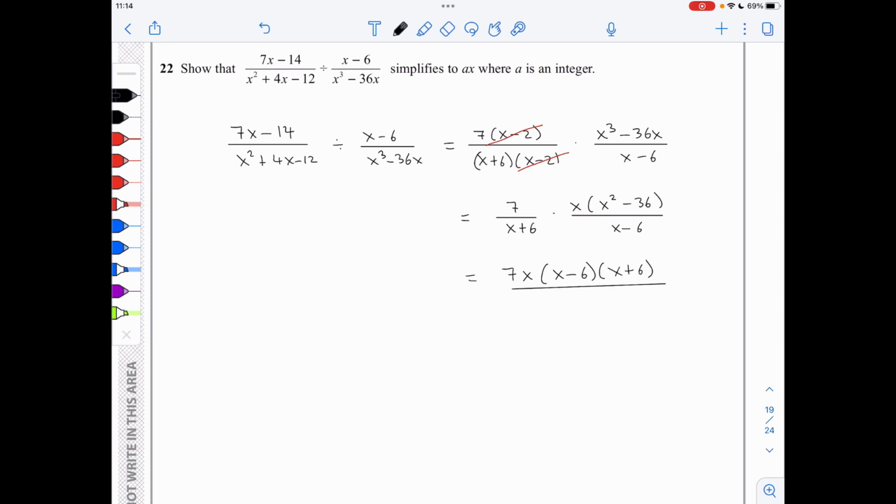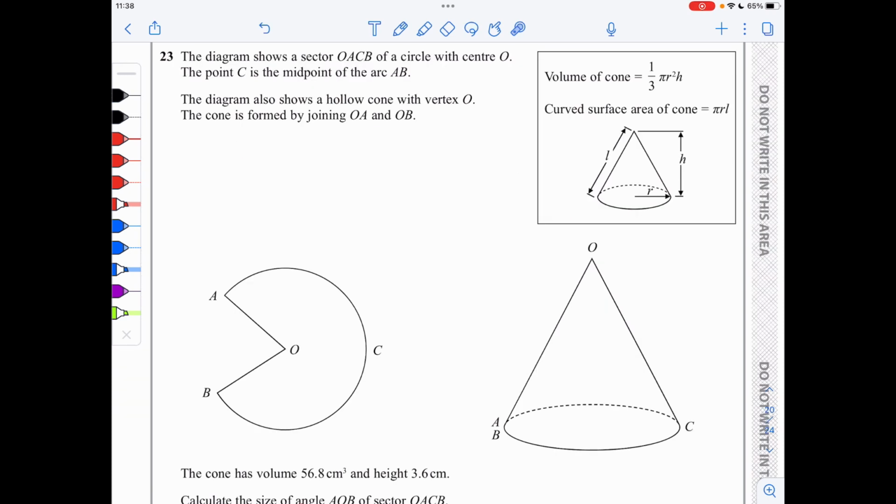And in the denominator, I've got x plus 6, x minus 6. We notice that the x plus 6 cancels out, and so does the x minus 6, leaving us with the final answer of 7x.